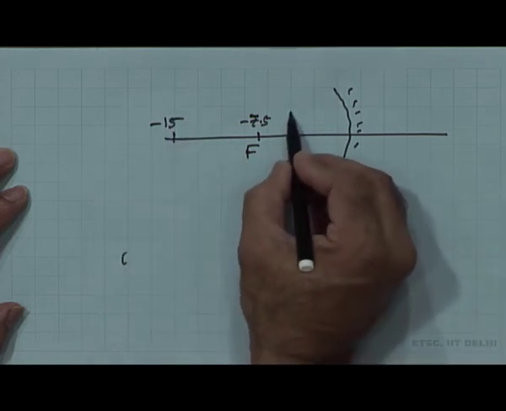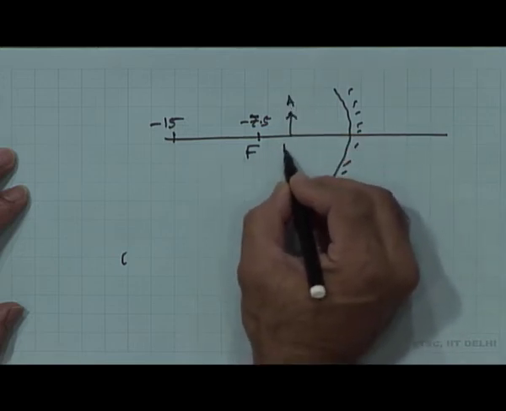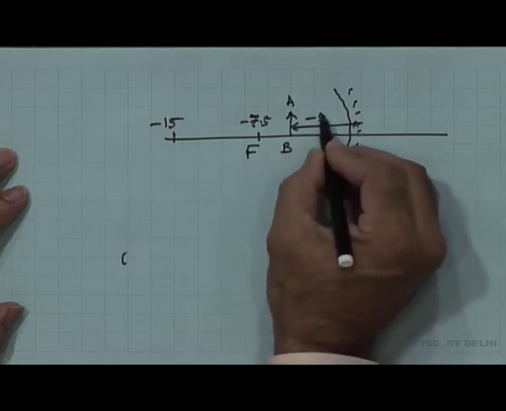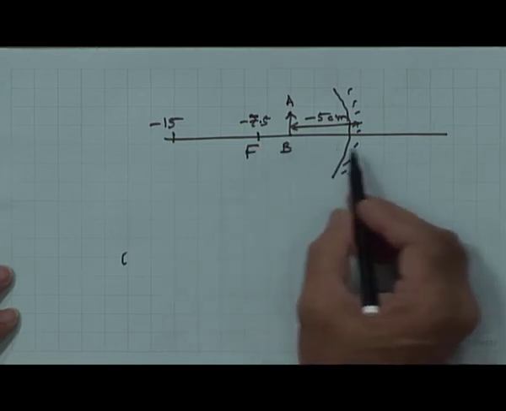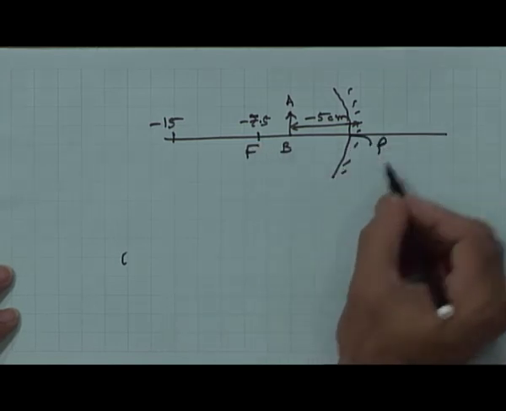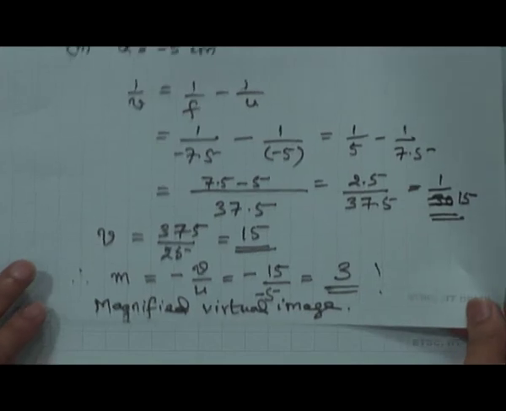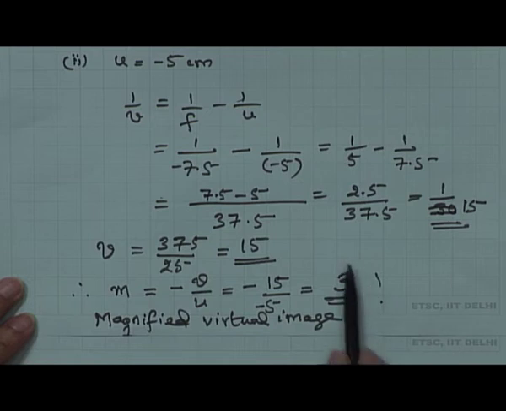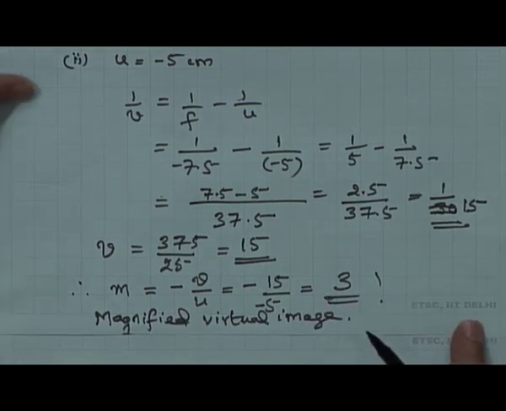Now, we have the object at 5 centimeter, that is u is minus 5 centimeters. So, we know that when the object is between the principal focus and the pole, we get a magnified virtual image. So, that is what we have. For the second case, u is equal to minus 5 centimeter, we have a magnified image, 3 times magnified, but it is a virtual image. There is no negative sign here, which means it is an erect image.